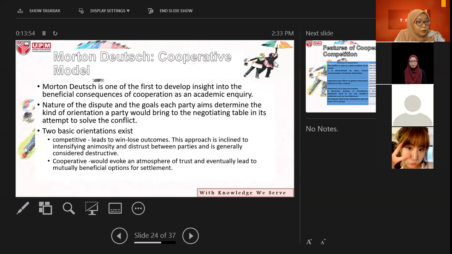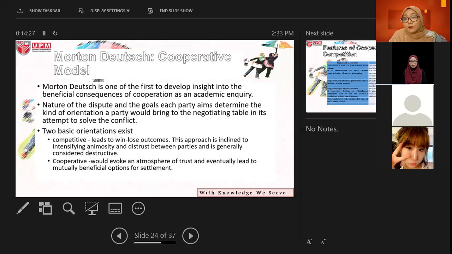So compete will lead to a win-lose situation when you apply the competitive strategy. Okay, there are only two outcomes. There will be one party lose, one party win. Lose, win. Okay. And this approach is inclined to intensify animosity and distrust between parties and is generally considered destructive.